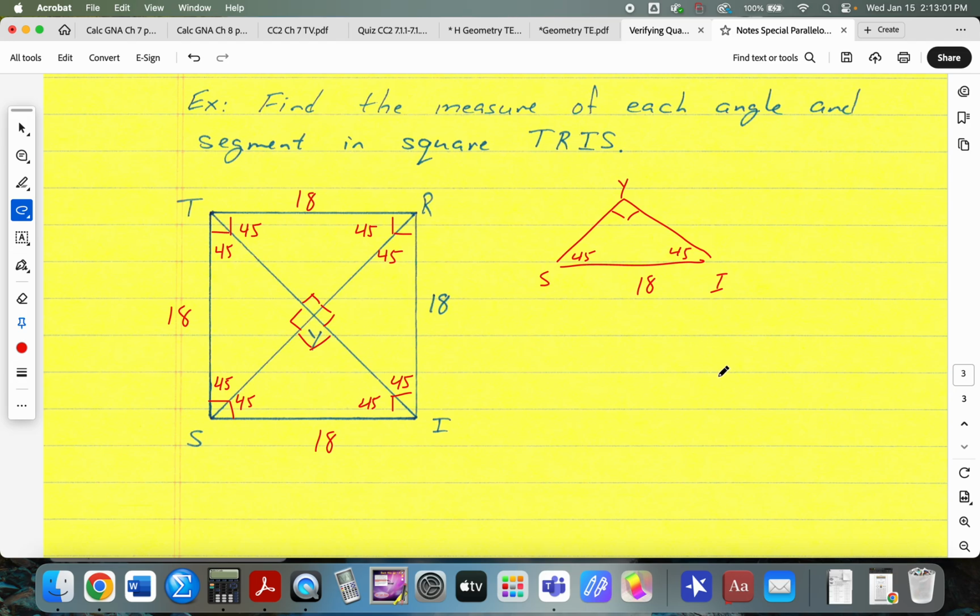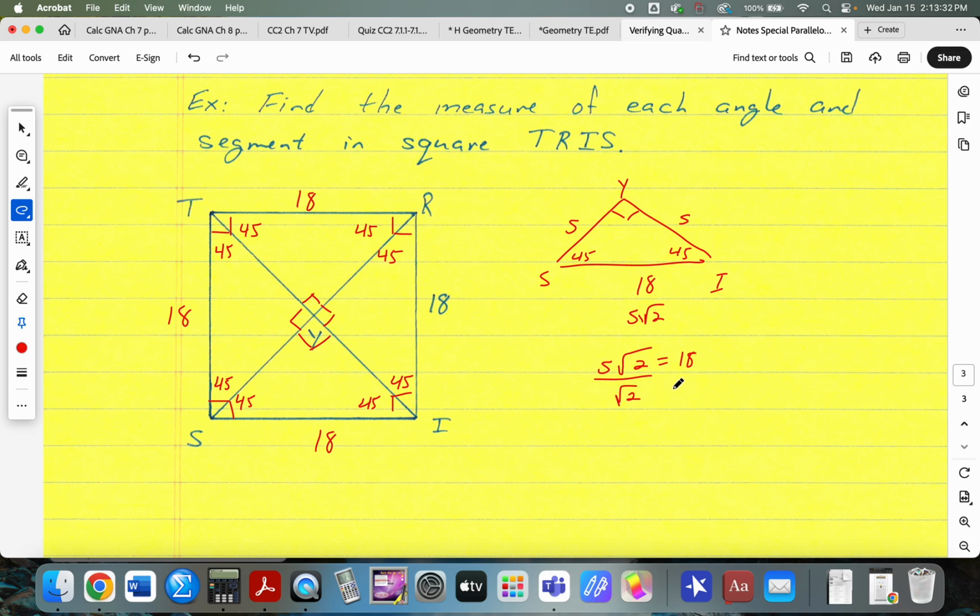So in a 45, 45, 90 triangle, do you remember how we labeled the legs and the hypotenuse? This is S, that's S, and this is S square root of 2. Very good. So S square root of 2 is 18.